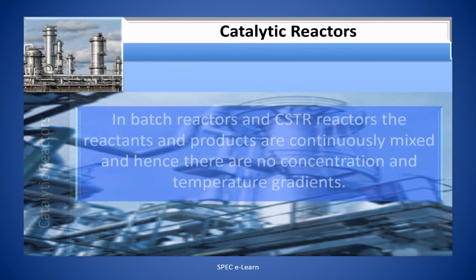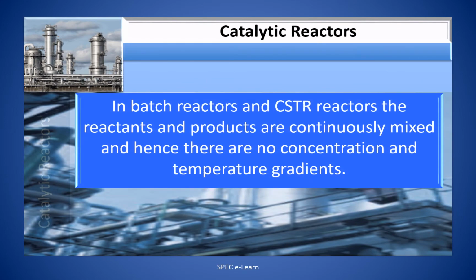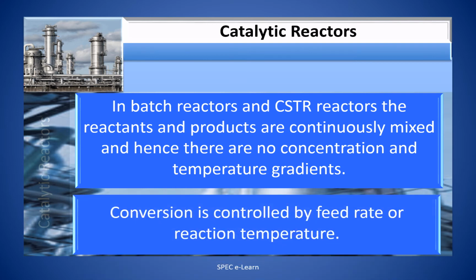In batch reactors and CSTR reactors, the reactants and the products are continuously mixed, and hence there are no concentration and temperature gradients. Conversion is controlled by the feed rate or the reaction temperature.